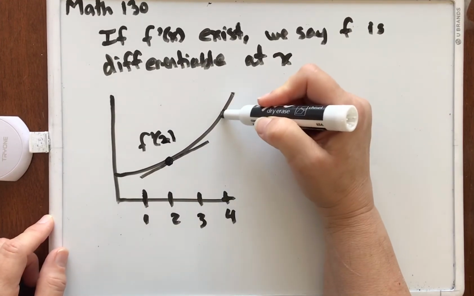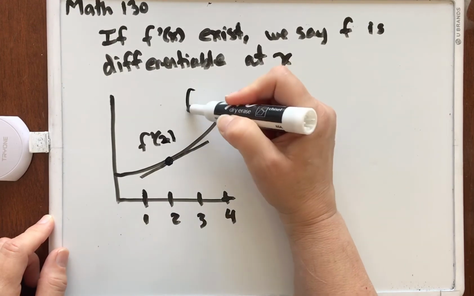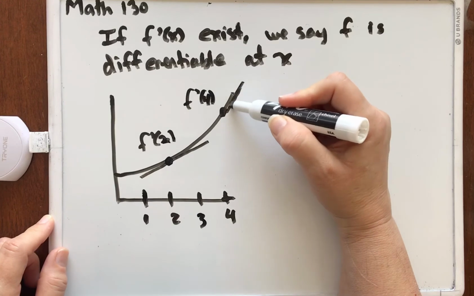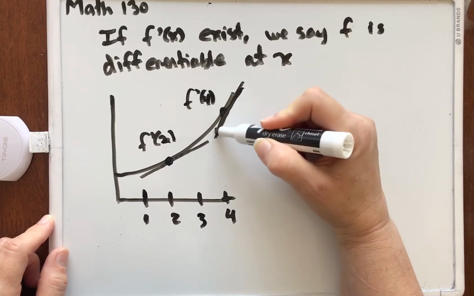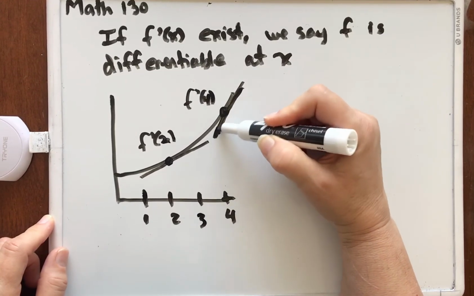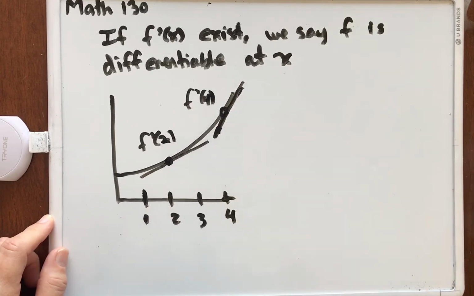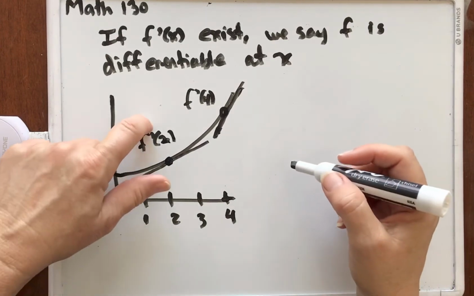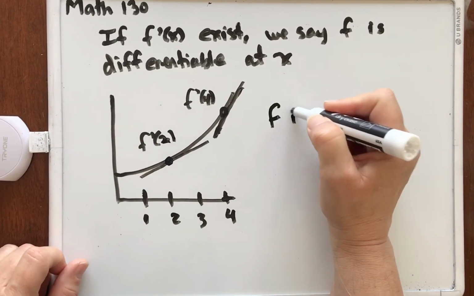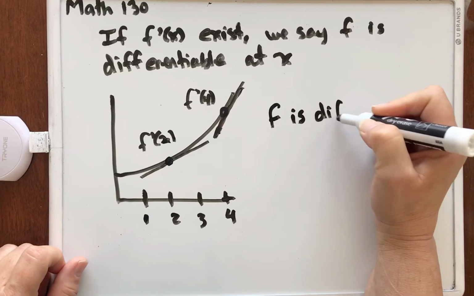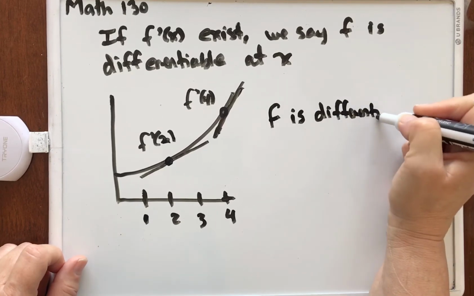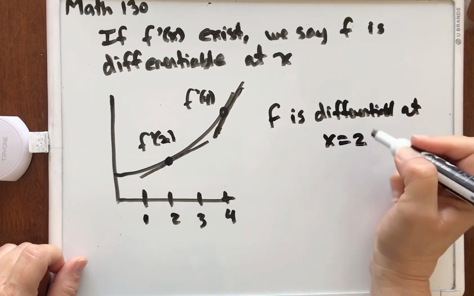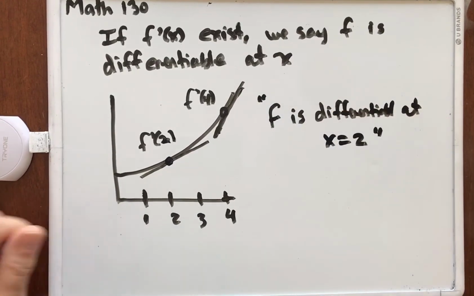So let's do another one. This is f prime of 4. And that would be the slope of this tangent line that hits just that point. So we say for this one, f is differentiable at x equals 2. That's how we would state that.